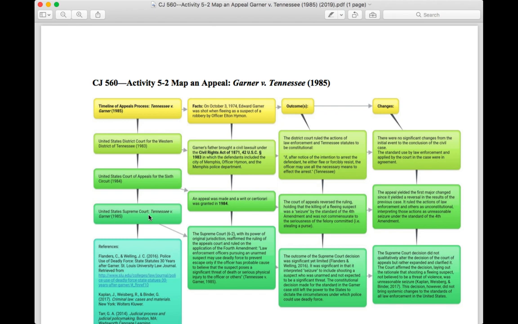Now, that standard could be criticized. It could be hard to say. Who's to know what exactly someone will do?